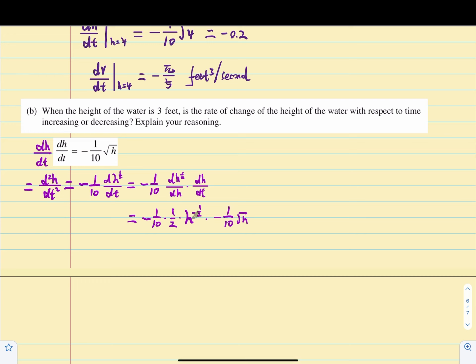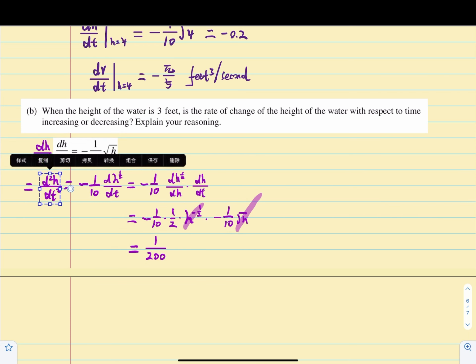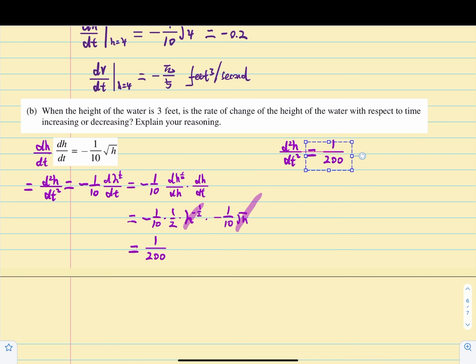So the square root of h is the positive power of 1/2 and h to the negative 1/2 power, so they eliminate each other and become 1. All of this multiplied together will be positive 1/200. So the second derivative of h with respect to t is equal to 1/200, which is bigger than 0.